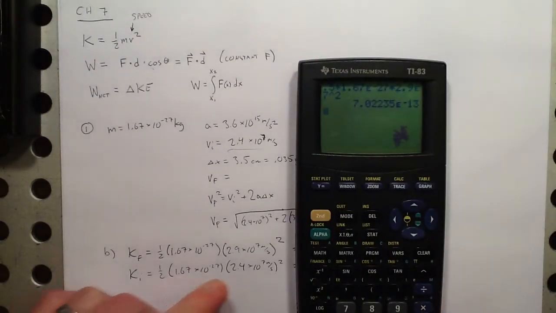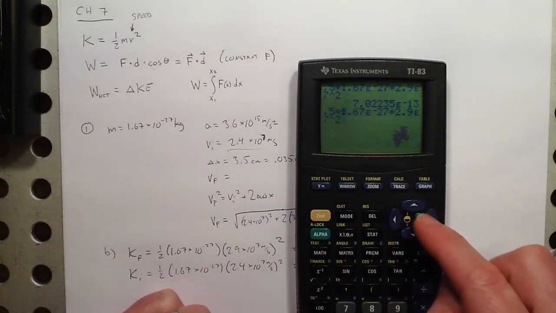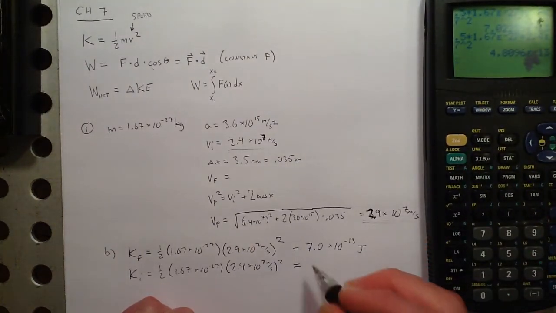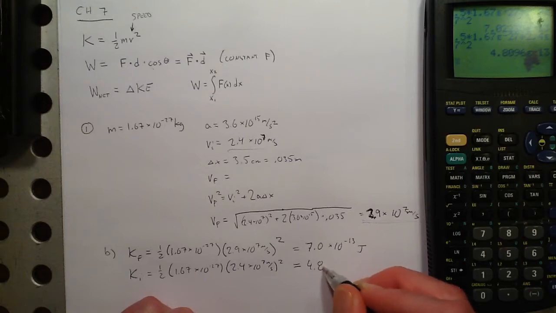The initial kinetic energy, I'm just going to bring that same thing up and just change that to 2.4. That gives me 4.8 times 10 to the negative 13th.